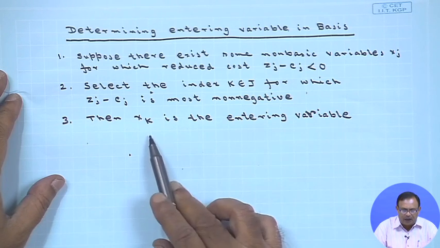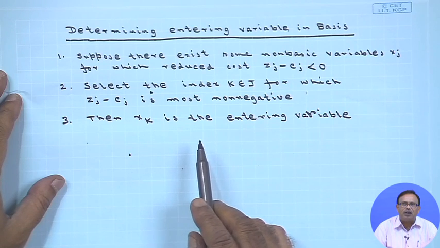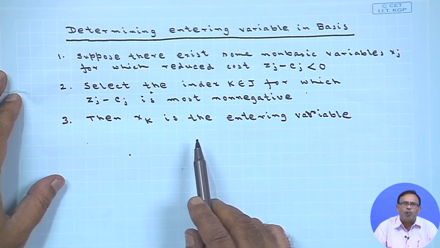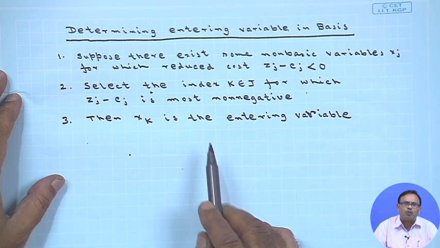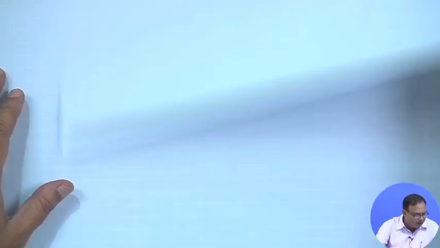So for the entering variable, I have to check the value of z_j minus c_j, and the most negative z_j minus c_j I will choose, and the corresponding variable x_k will be the entering variable.